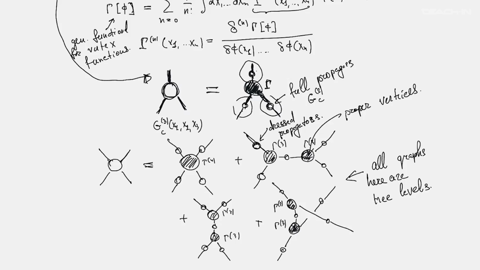And since a tree diagram is never divergent, if all the vertices, proper vertices, and all the dressed propagators are finite, then there is no other source of divergence which can appear on the right-hand side.